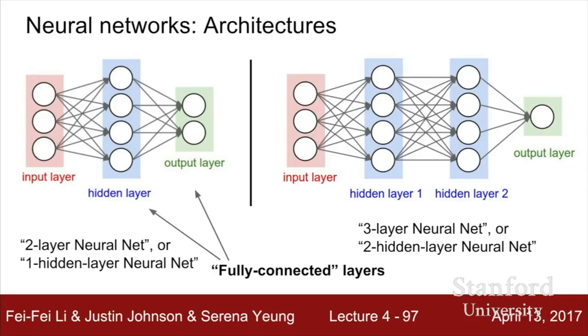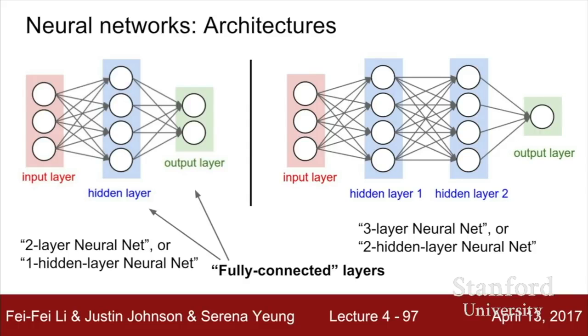So we gave the example of these fully connected neural networks, right, where each layer is a matrix multiply. The way we actually want to call these is, we said 2-layer neural network before, and that corresponded to the fact that we have 2 of these linear layers, right, where we're doing a matrix multiply. 2 fully connected layers is what we call these.